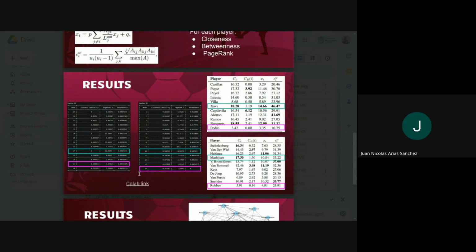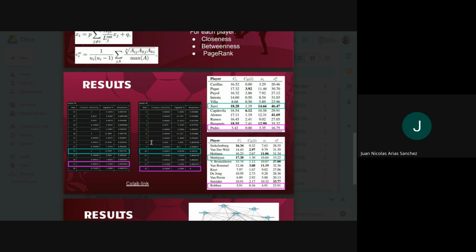Like my partner says, we calculate the closeness, page rank, and betweenness for every player of the teams. And then we separate the nodes into two teams, team one and team two, and we show the results of the calculations.